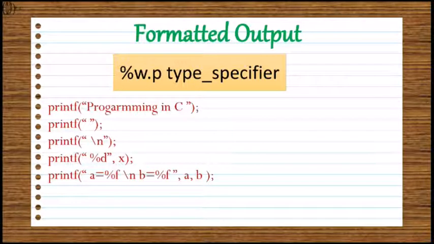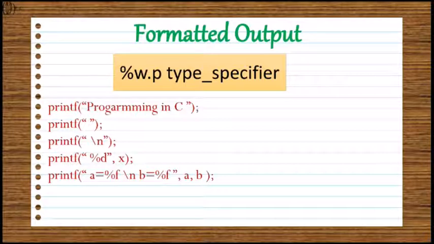Next one, printf, double quotes, in that "a equal to %f, then \n, b equal to %f," then close the double quotes, comma a comma b, and close the printf function and then semicolon.